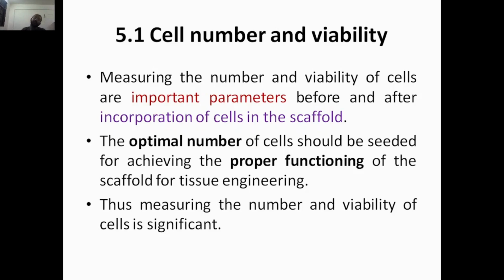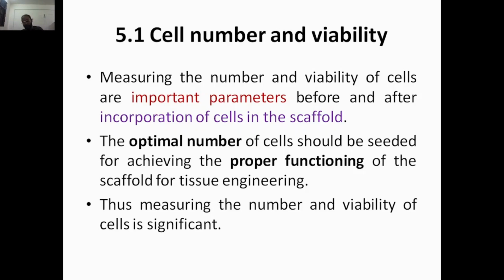Both properties play a very important role before you use these cells to seed into the scaffold or an extracellular matrix in order to grow a tissue. So you need to check the cell number and viability. Measuring the number and the viability of the cells are very important parameters before and after the incorporation of the cells in the scaffold.